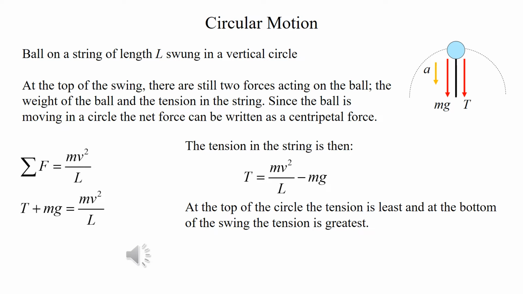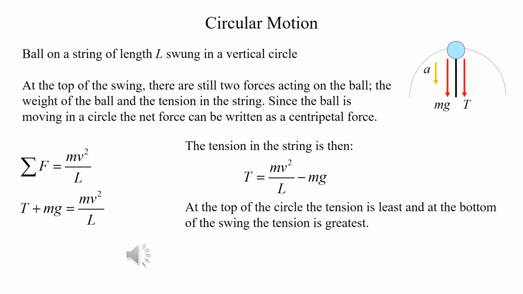So we must be going fast enough so that mv squared over L is greater than or equal to the weight mg. If we're going slow enough where mv squared over L equals mg, at that point the tension is 0. And if we go slower than that, the ball will fall before it reaches the top. So we won't make it through the circle. So we have to be going fast enough where mv squared over L is greater than or equal to mg.